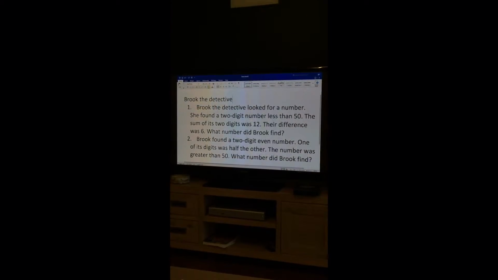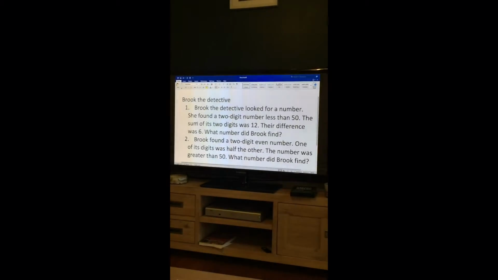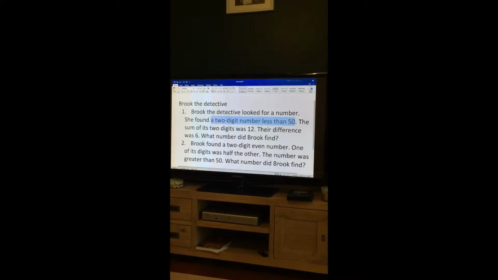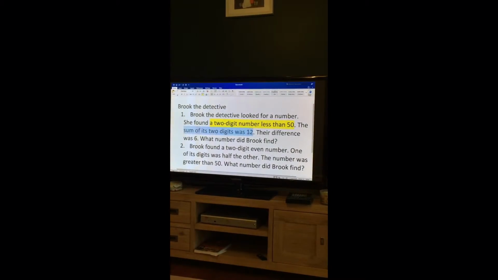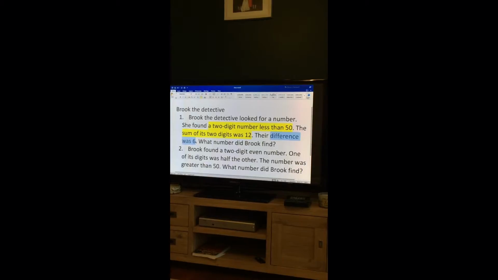So if we look at this problem and break it down for the children, what we know is that she's found a 2-digit number that is less than 50. The sum of its 2 digits is 12 and their difference is 6.